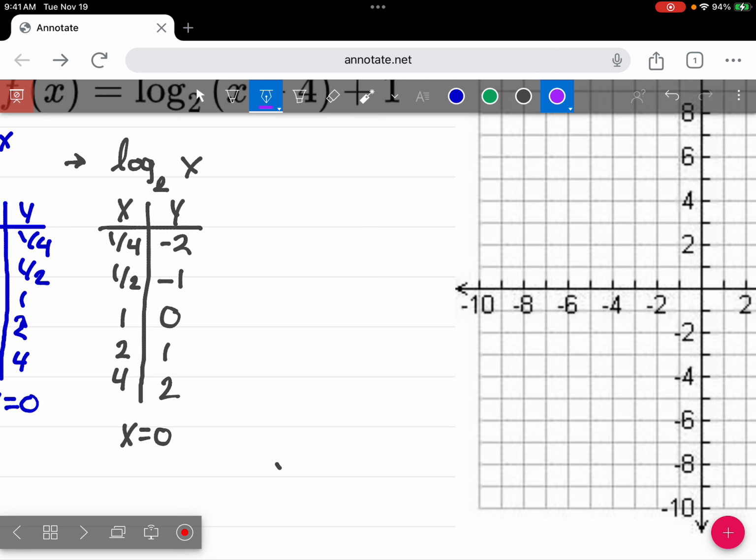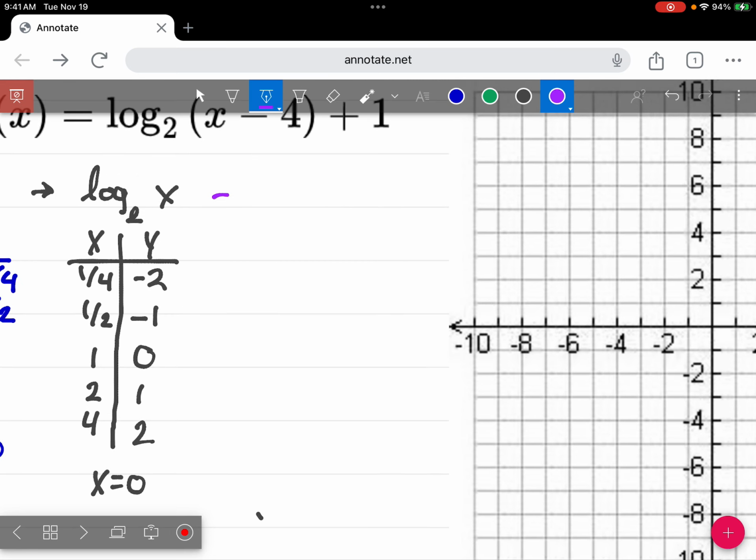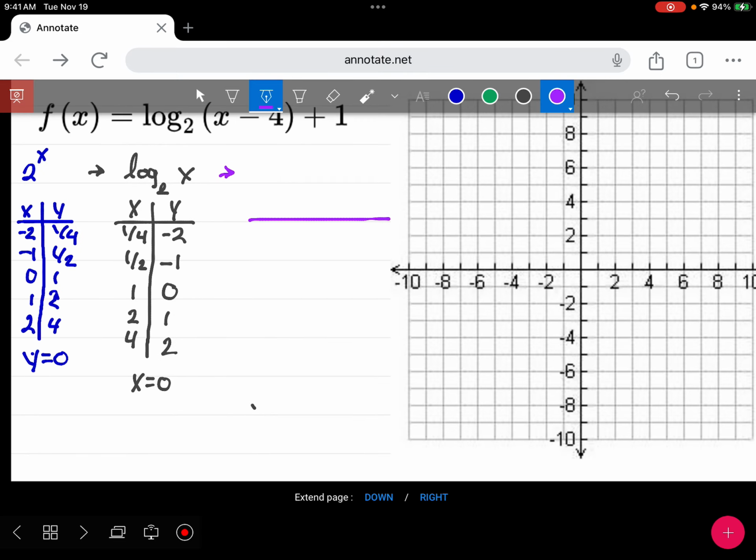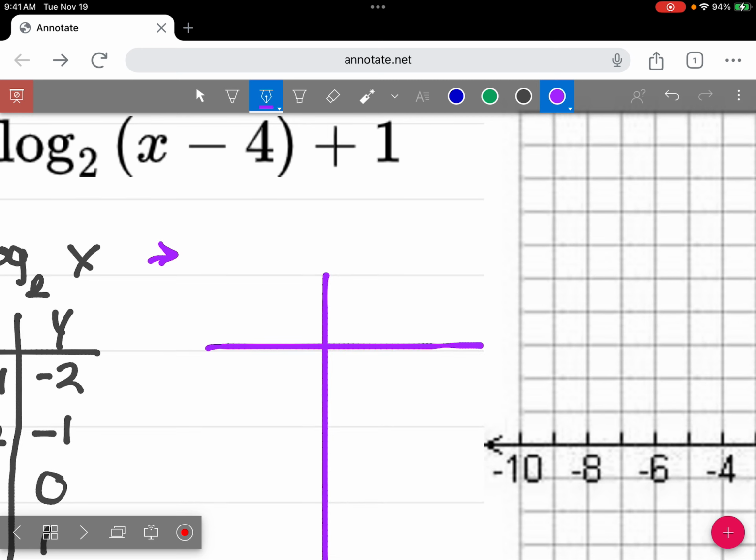So to graph our transformation, I'm going to take my parent function for my log and apply my h and my k. We're going to take our x's plus h, y times a plus k, just like we've done for all other kinds of transformation forms. So I'm going to take my x values and add 4.